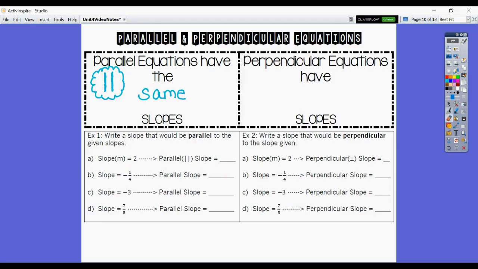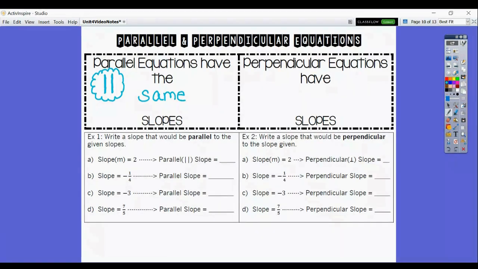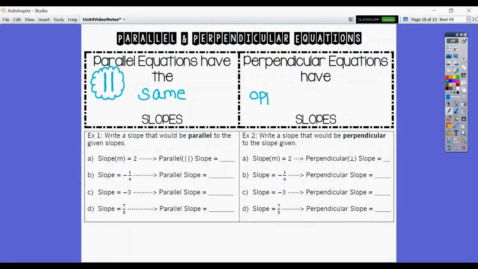For perpendicular equations, they are going to have both opposite and reciprocal slopes. When I talk about opposite, I mean that we are going to change the sign. So given the slope, we will change signs on it. By reciprocal, I mean that we are going to go ahead and flip the fraction.